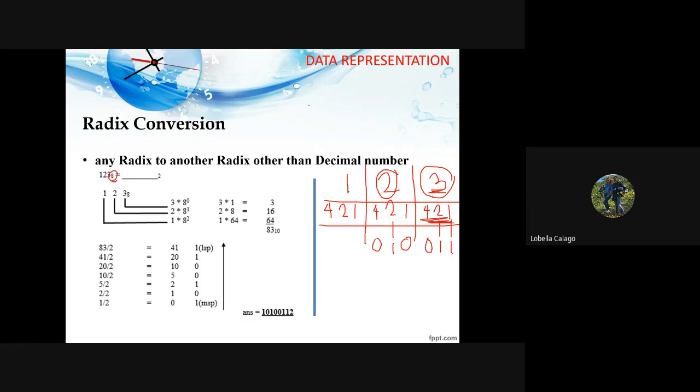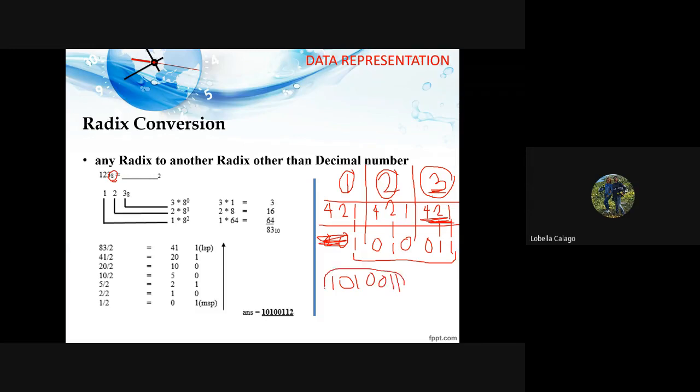Next, C1. Anong kailangan natin? Only 1. So, therefore, C4 is 0, C2 is 0, then 1 here. Therefore, ang answer natin, since ito ay 0, 0 sa left side, hindi po natin kailangan yan siya. Therefore, ito yung answer natin. So, your answer is 1, 0, 1, 0, 0, 1, 1.